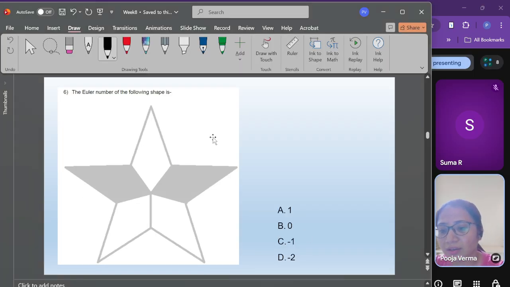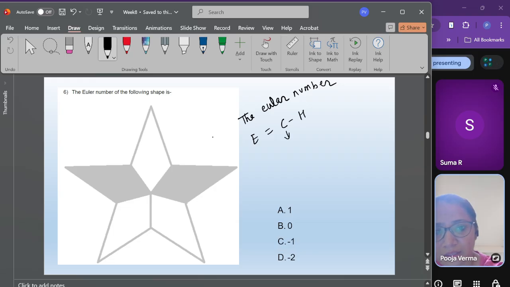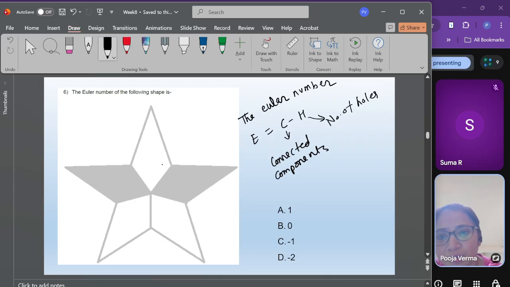So if you see here, just a minute, the Euler number E is calculated as C minus H. C is the connected components and H is the number of holes, right? So how many holes are there? One, two, three, right?